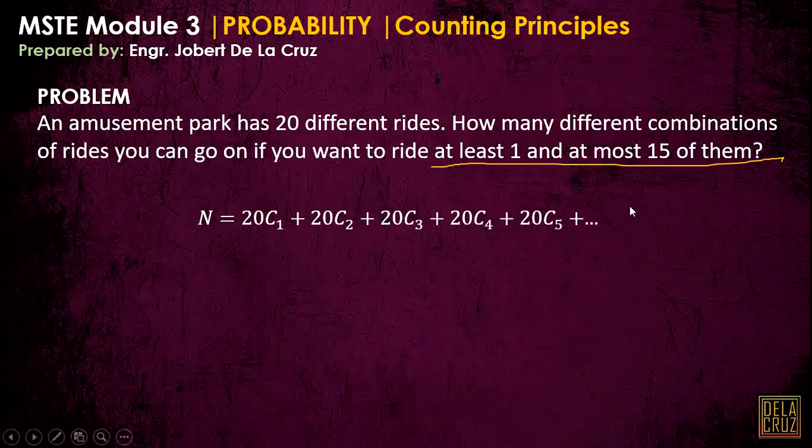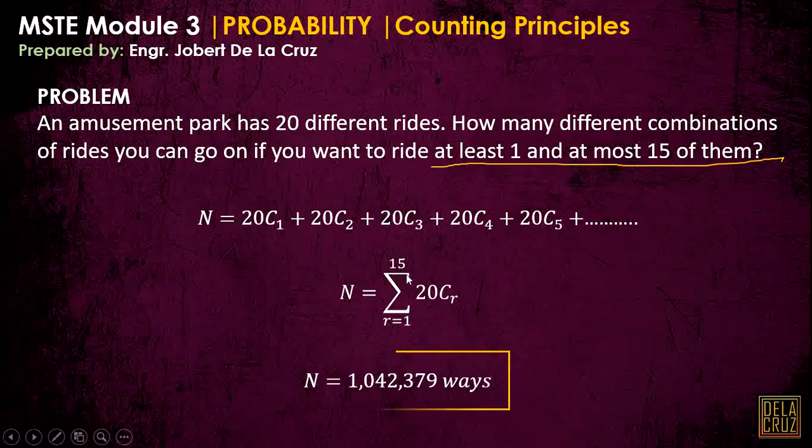Okay? Because at most 15 man, hindi pwedeng lumagpas sa 15. Okay? I hope you got that. And we can just rewrite this one into ganito. Again, yung magbabago yung R lang, kaya i-variable natin yan from 1 at most 15. That is the answer. Okay? And that's it.